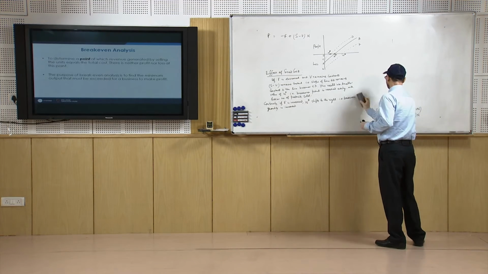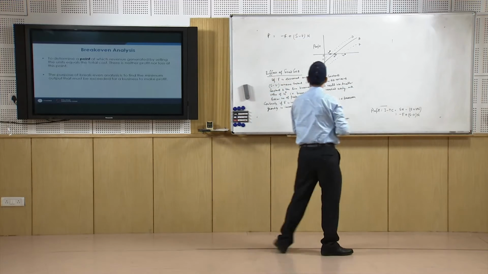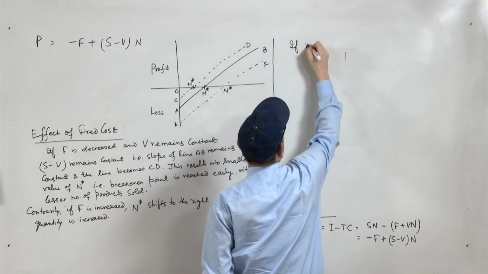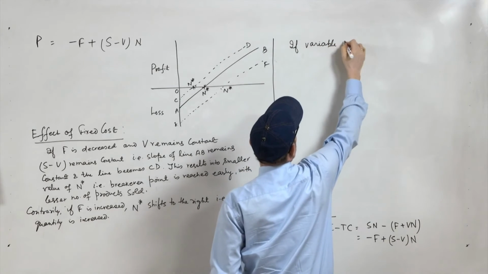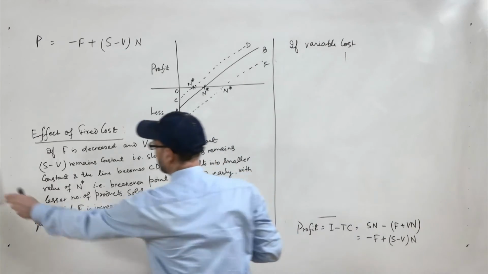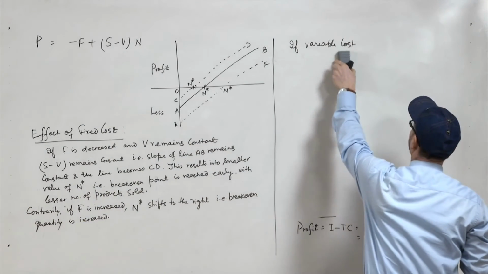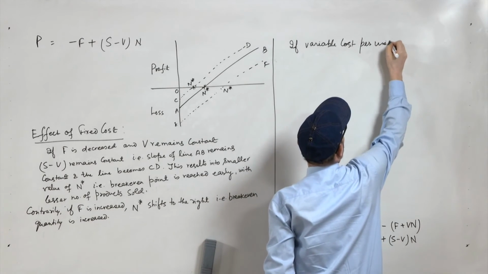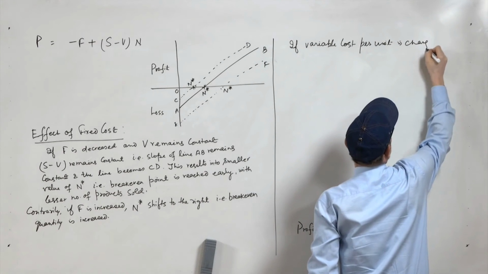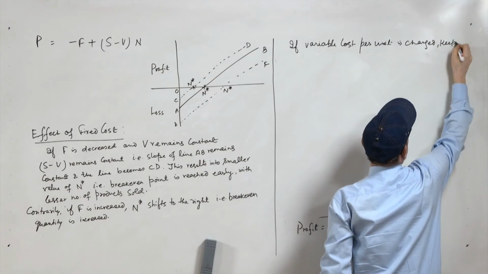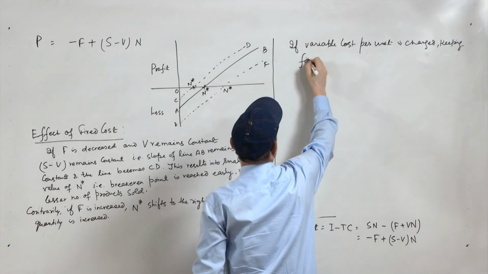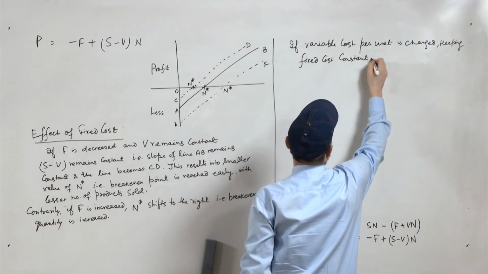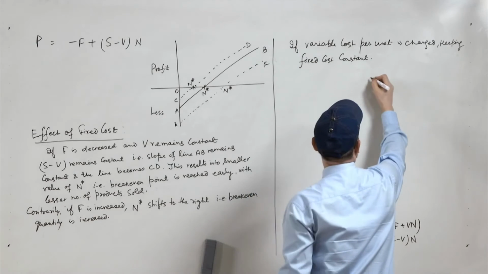So, if the variable cost per unit is changed, keeping fixed cost constant, now we will draw the same profit volume function.